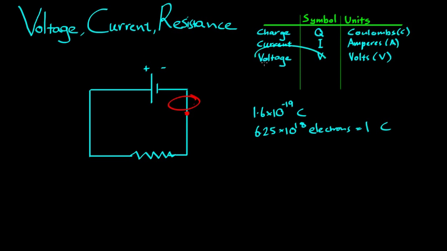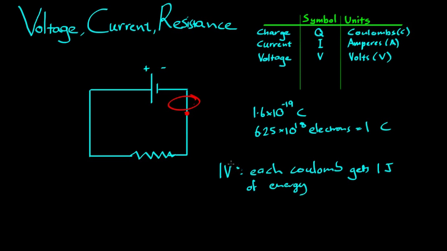So in actual fact, the definition of 1 volt means each coulomb, so each charge, gets 1 joule of energy. And this is very neat because 1 volt is 1 joule per 1 coulomb.